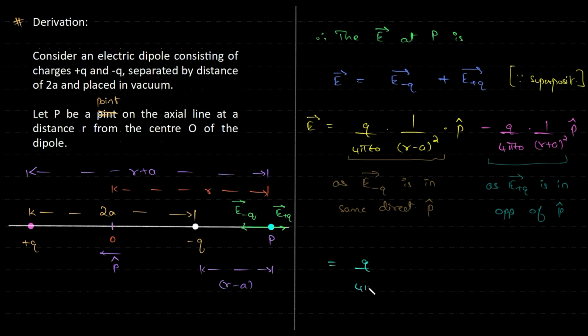And now a bit of simple math. First we'll take common Q by 4 pi epsilon naught, and we have 1 by r minus a the whole square, actually not plus, minus 1 by r plus a the whole square p cap.